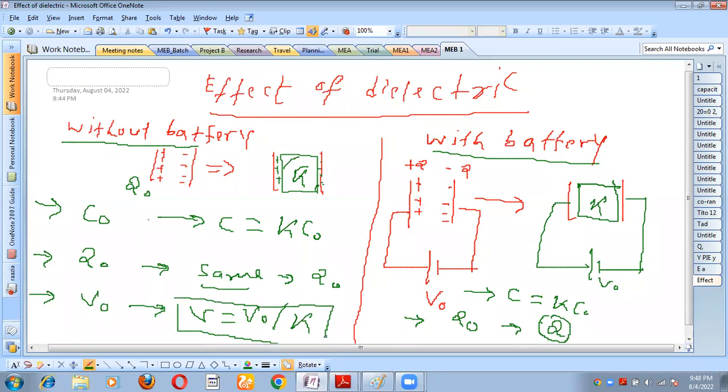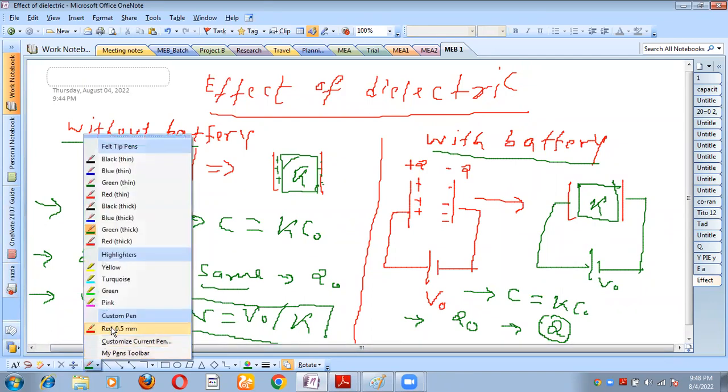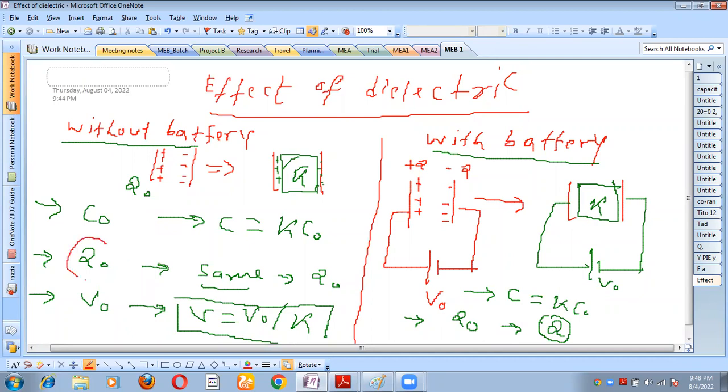So what happens when you are inserting a dielectric without battery? The charge remains the same. You always remember that charge is conserved. So when you are inserting a dielectric between the plates of a capacitor, the charge always remains the same without battery.